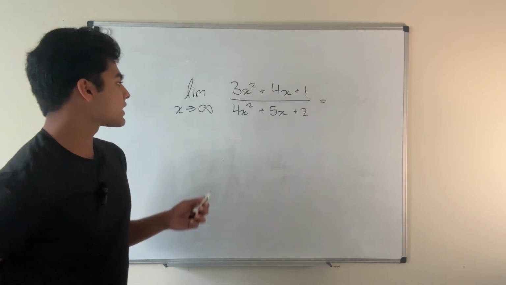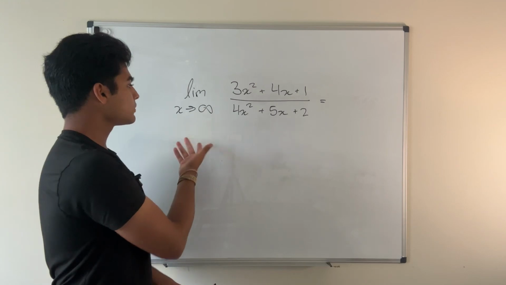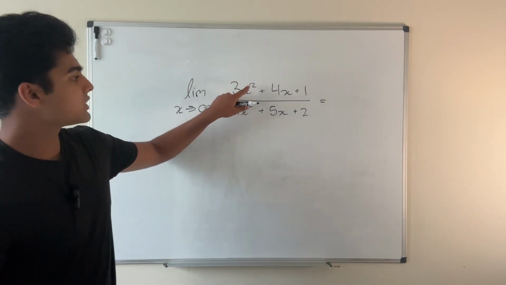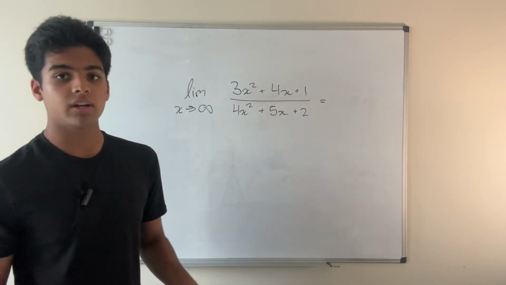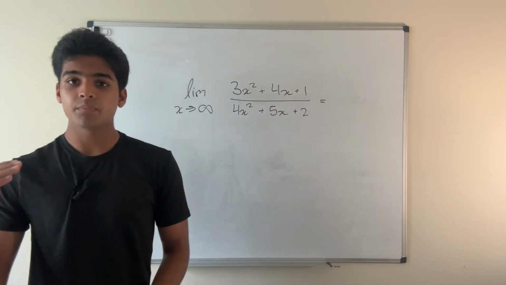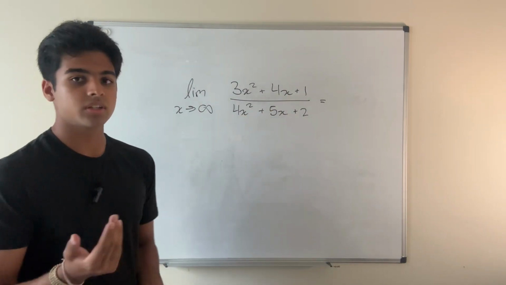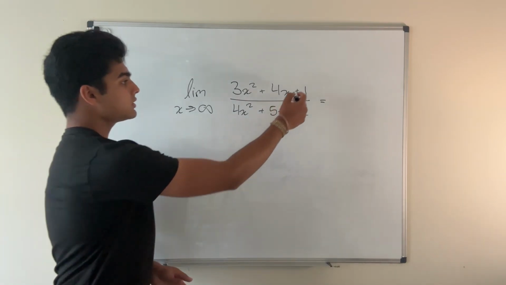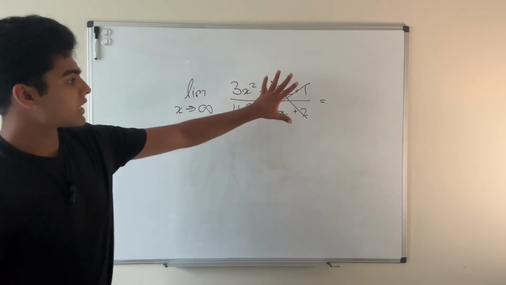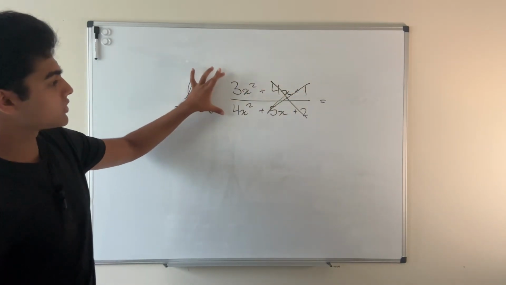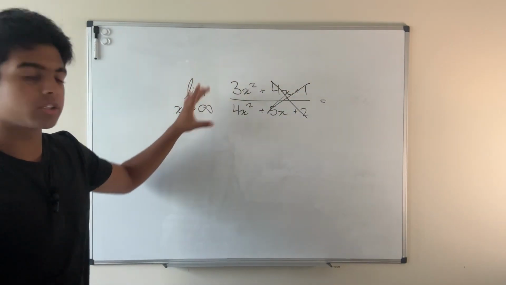Because if we look at it, suppose even with 10, right? We can see that 10 squared is going to be growing much faster than just 10. And as we get bigger, with numbers like 100 or 10,000, these terms become kind of insignificant. So for this reason, we can just cross these out and focus on the larger degree terms.